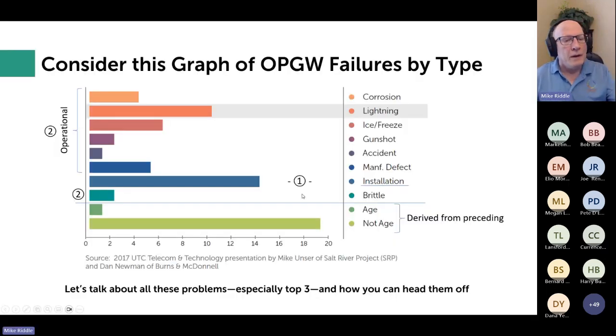All right. When I began this, I thought about just rooting it in my experience. But then I remembered that there's actually a UTC study where they surveyed their members about problems with OPGW. I realized that was a good starting point, and that much of their data was consistent with what my own experience had been.